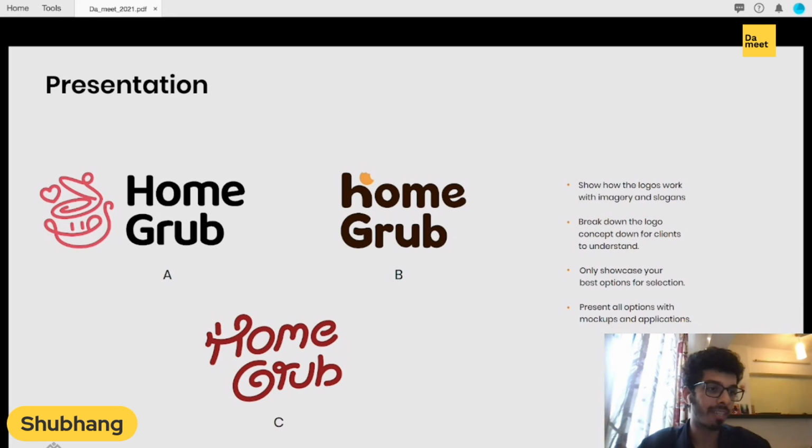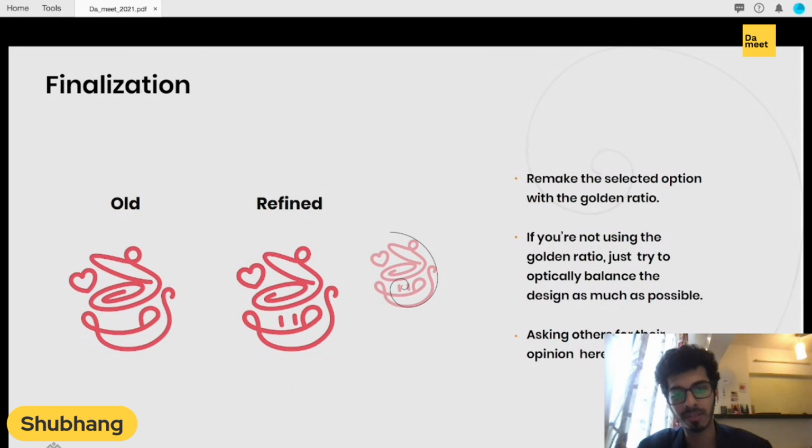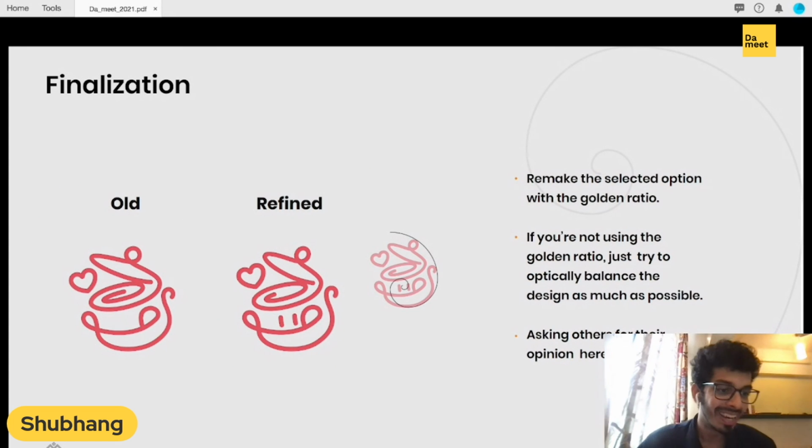Moving on, after the presentation, the client would generally select one option, and I think they should select one option only. That should be defined by you before you start the project. We'll come to those bits later, how to handle clients. But once they select an option, you would refine that option.